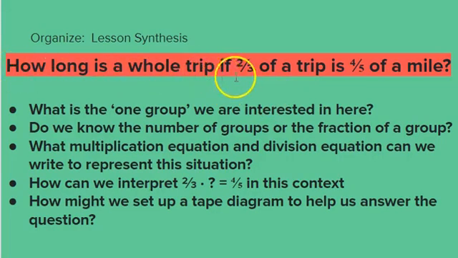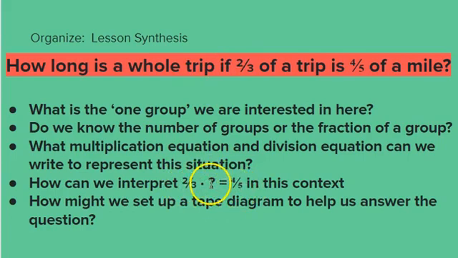So real quick, how long is a trip? If 2/3 of the trip is 4/5 of a mile, what is the one group we're trying to figure out? We're trying to figure out what the one whole trip is. 2/3 of the trip is 4/5 of a mile. So this is 2/3 times something gives us our 4/5 of a mile.